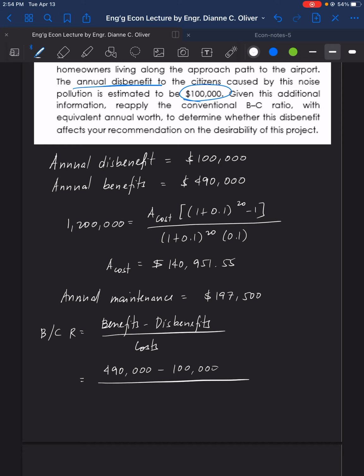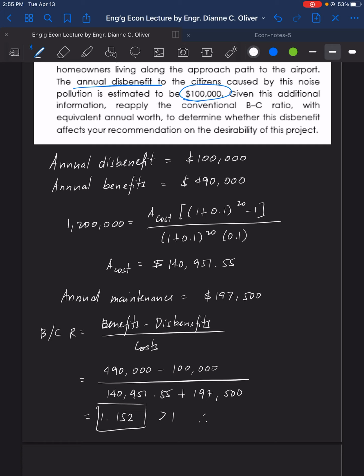Then the annual cost is 140,951.55 plus the annual maintenance. It's still a cost, so we will add it here in the denominator. 490,000 minus 100,000 all over 140,951.55 plus 197,500. It's 1.152. This is still greater than 1.